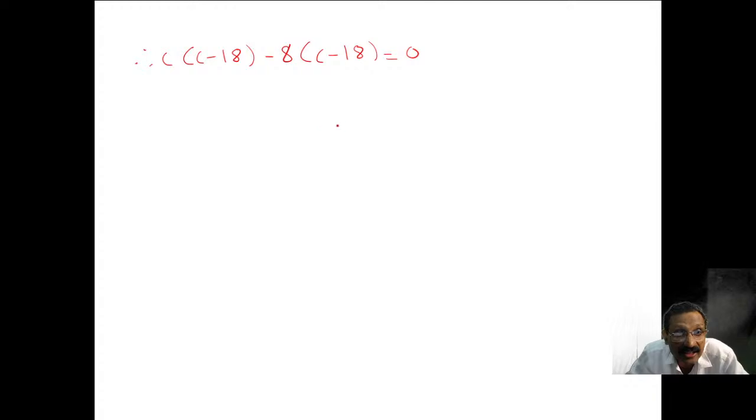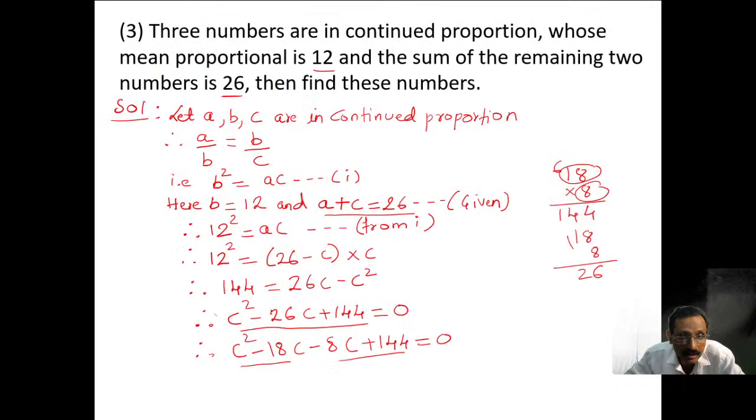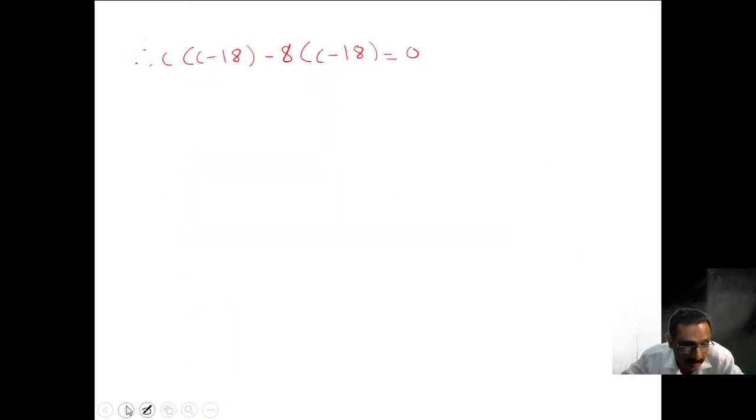Now look at the factors. What we got is C minus 18 and C minus 8. So when we get these factors, what we have to basically do with this, in the previous slide we saw that we had a quadratic equation and then we had to find factors of it. Okay, we found the factors of it.